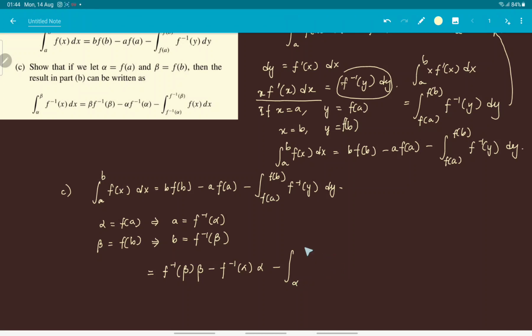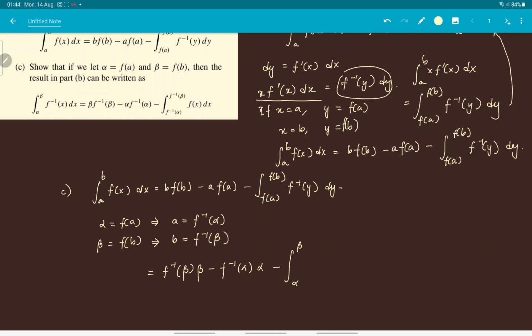And how about the integral of f inverse of y dy? When we talk about alpha and beta, it means that we are talking about x.